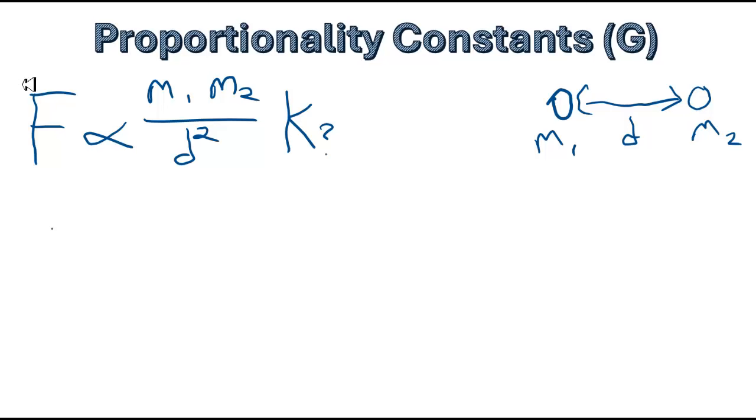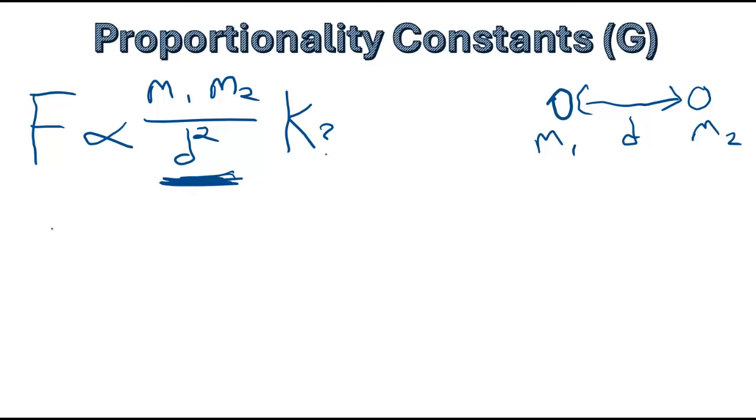It needs to be calibrated, actually. So this constant relates these variables to a particular unit system. Basically the point of a proportionality constant is to relate the variables to the unit system.